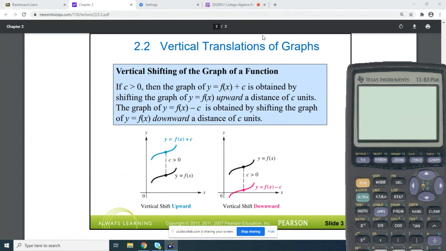So what this formulation says, if you have y is equal to f of x plus c, your graph would be shifted up c units. And if you have y equal to f of x minus c, if you have some constant subtracted off the end of your function, then it's a shift down c units.